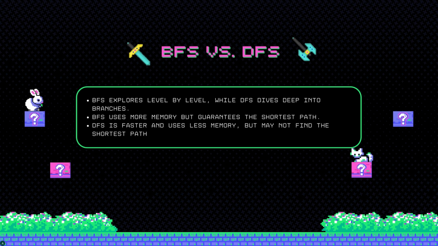When comparing breadth-first search (BFS) with depth-first search (DFS), there are key differences to consider. Exploration method: BFS explores nodes level by level, ensuring that all nodes at a given depth are visited before moving deeper.